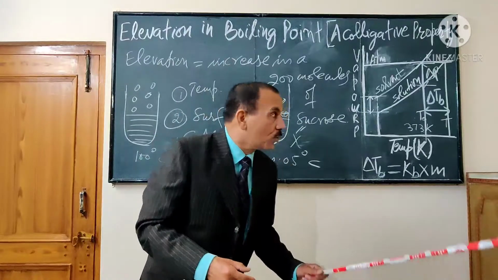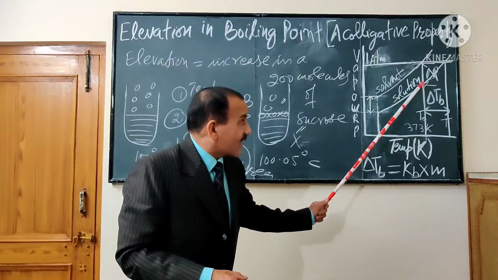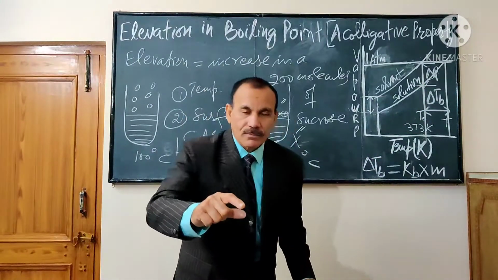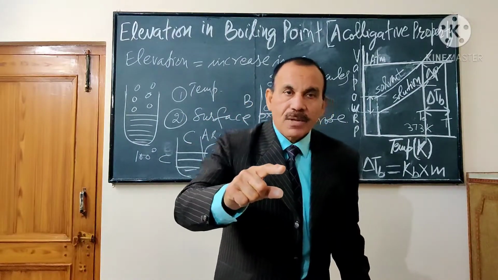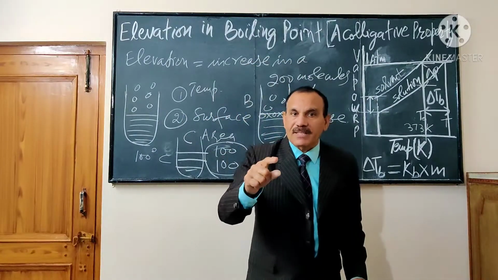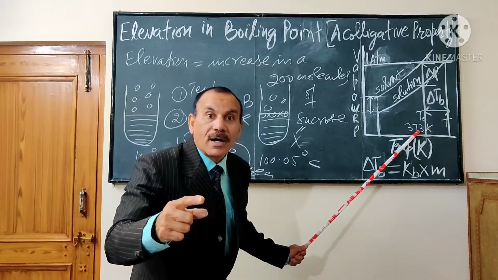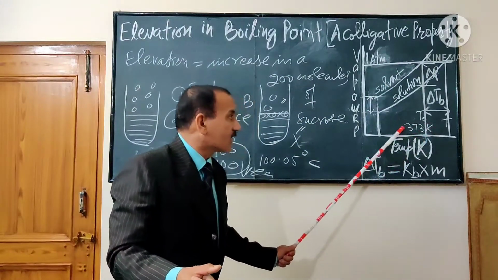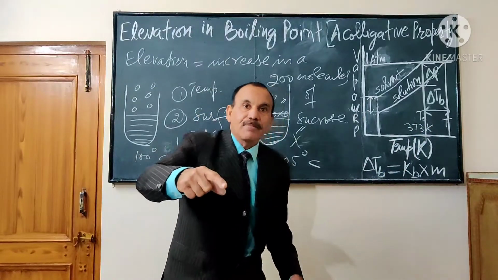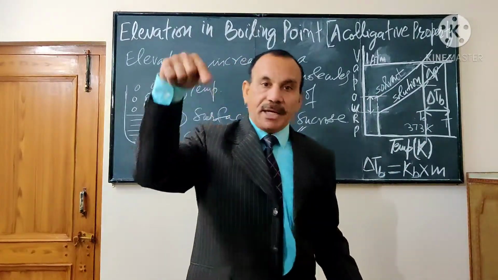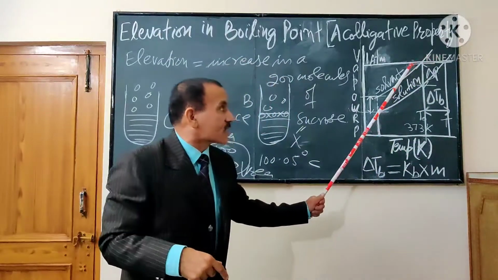And in order to increase the vapor pressure of the solution up to 1 atmospheric pressure, we have to heat the solution beyond 100 degrees C, beyond 373 K, in order to make the vapor pressure of the solution equal to 1 atmospheric pressure.